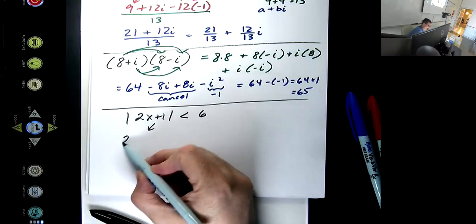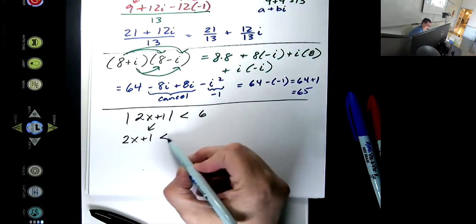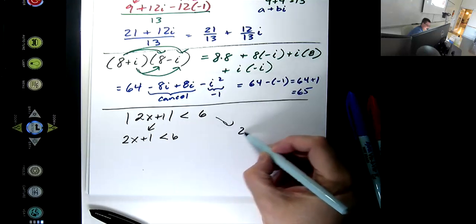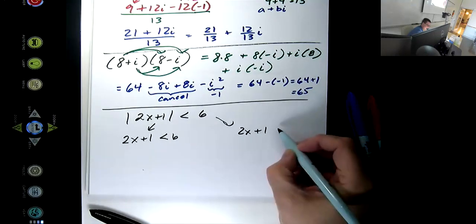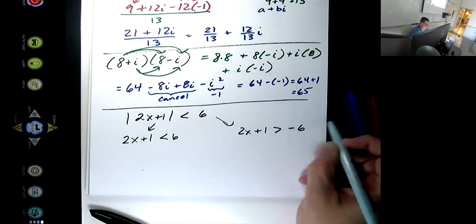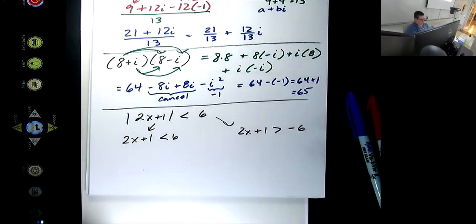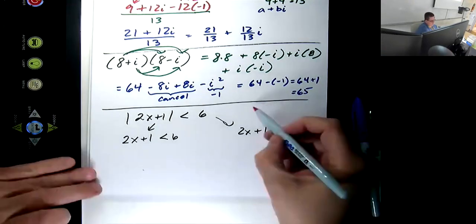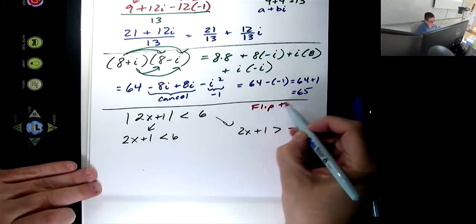It'll split up into 2x + 1 < 6, and then 2x + 1 > -6. So we flip the symbol, flip the sign.